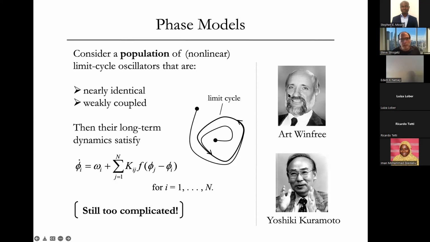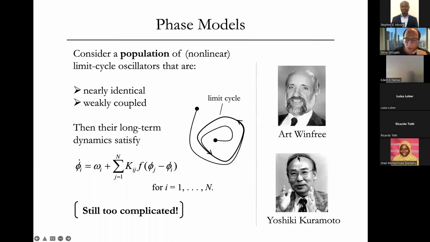So Art Winfree, who was a biologist but trained in physics and very comfortable with math, introduced the idea of reducing the problem to a phase description, where instead of thinking about all the variables, like I mentioned, there might be hundreds of variables per oscillator, he found a way to reduce the problem to just one variable per oscillator, which is its phase. Think of it as sort of a coordinate that tells you where it is along its cycle. And that's what I'm using this symbol phi to denote, the phase of the oscillator.